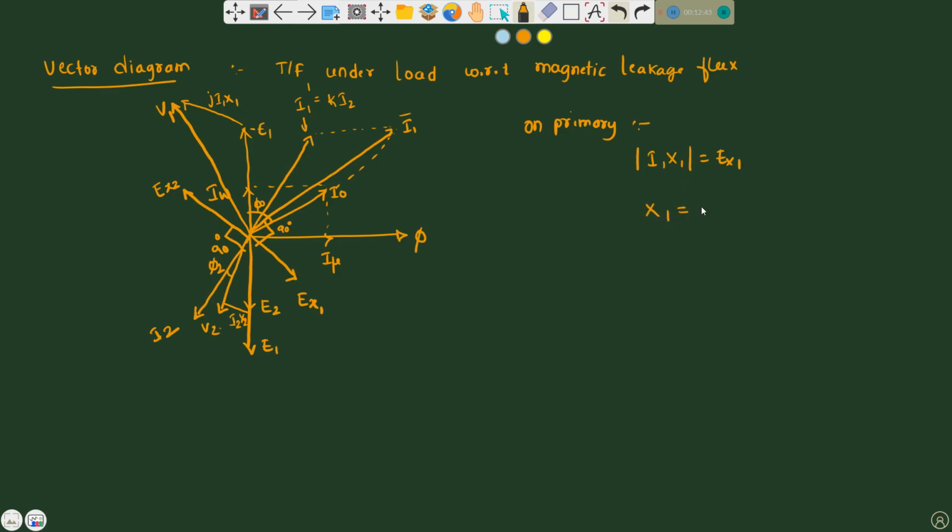Here X1 will be the magnitude of Ex1 divided by I1. What is X1 here? X1 will be the leakage reactance of the primary winding. Understood?